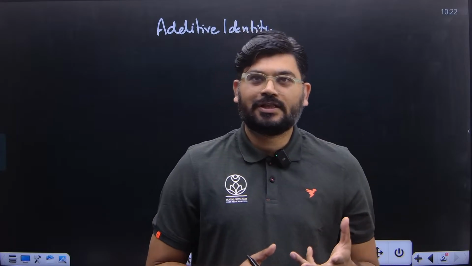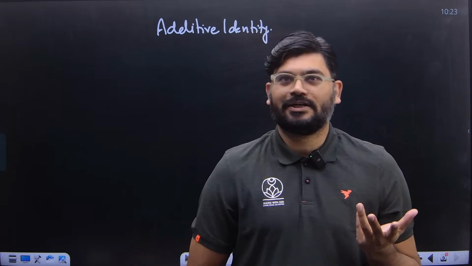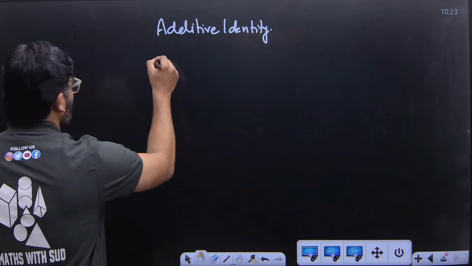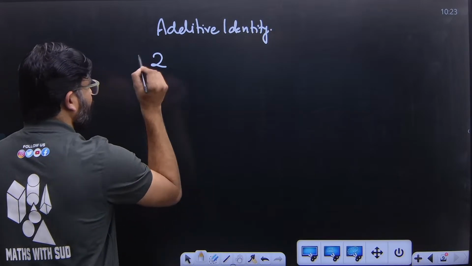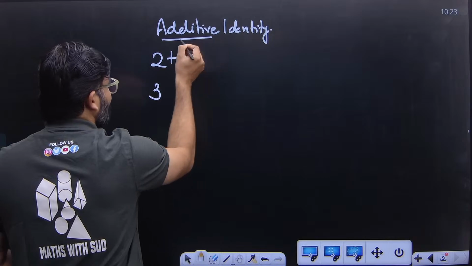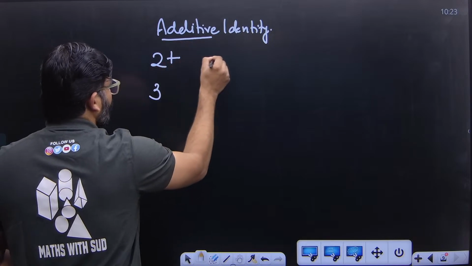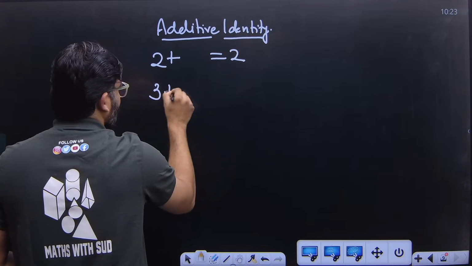The same goes with numbers as well. Every number has its own identity. The identity for 2 is 2. The identity for 3 is 3. Additive means added to 2 so that its identity does not change.